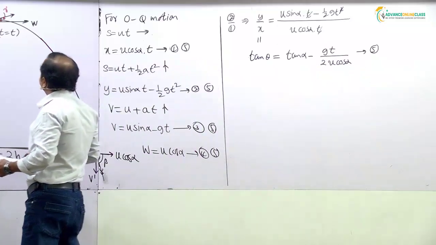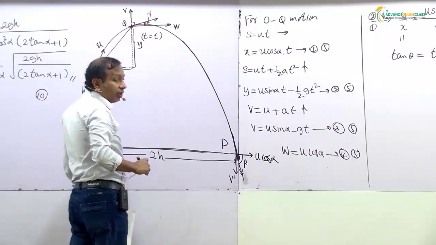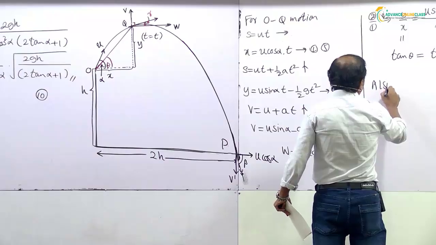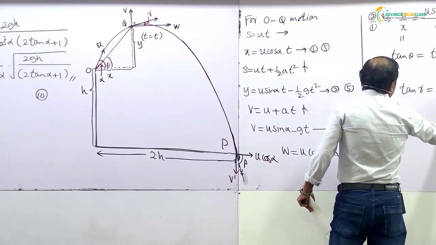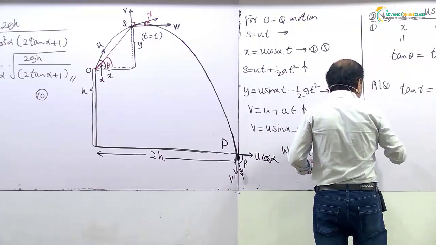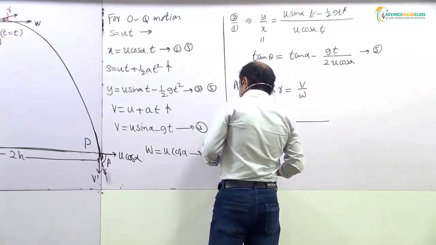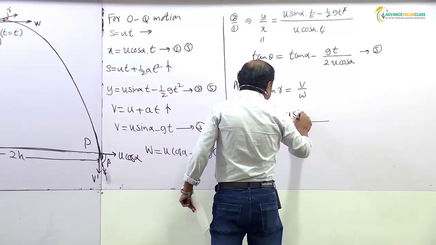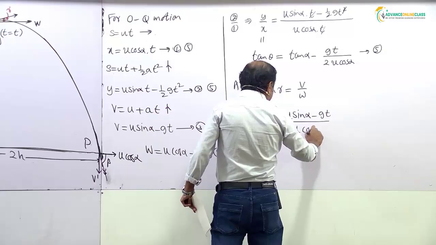And next one is tan gamma. We can write V divided by W. Tan gamma is V upon W. V is U sin alpha minus gt, W is U cos alpha.